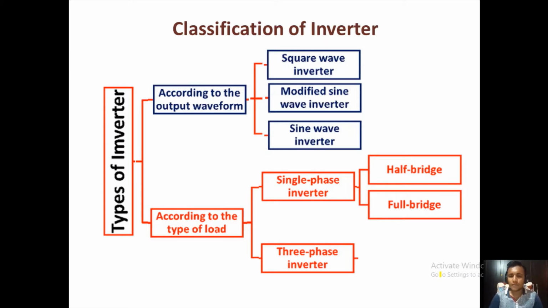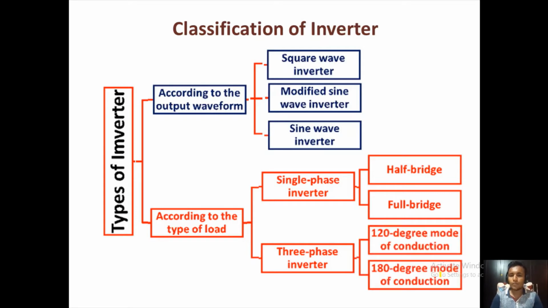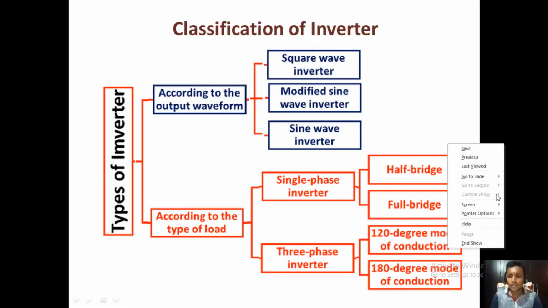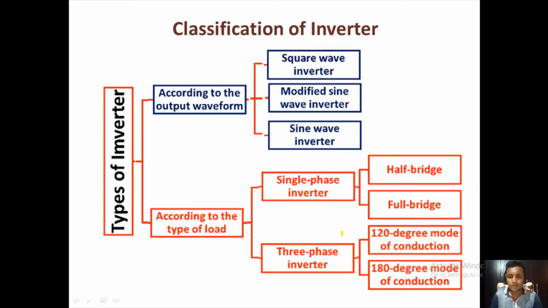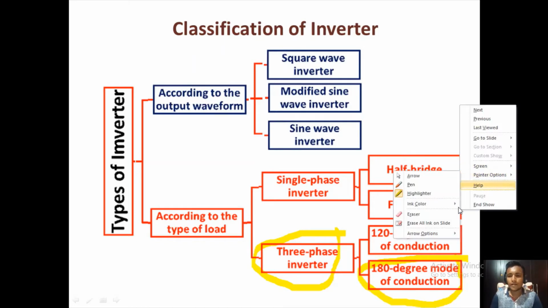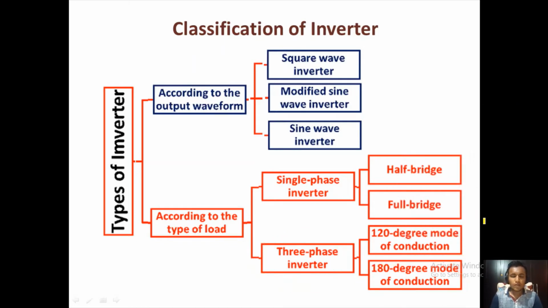And three phase inverters can also be classified in two ways, that is a 120-degree mode of conduction and a 180-degree mode of conduction. In today's session, we will discuss the three-phase inverter with the 180-degree mode of conduction. So that is the classification of the inverters.